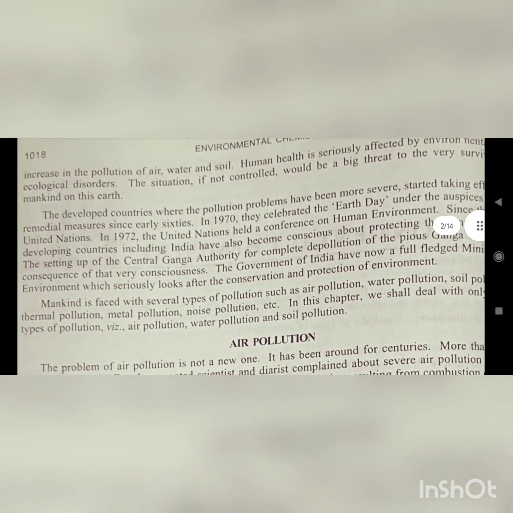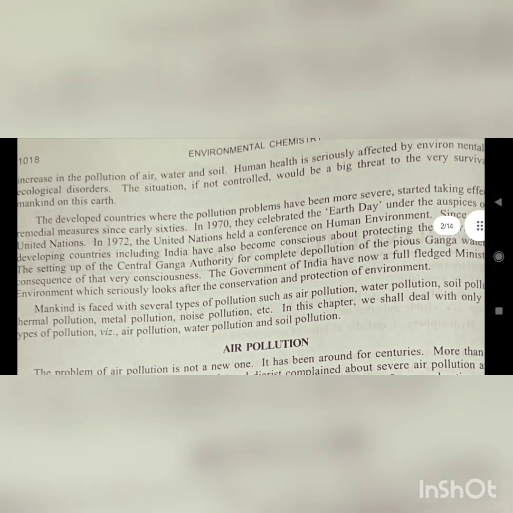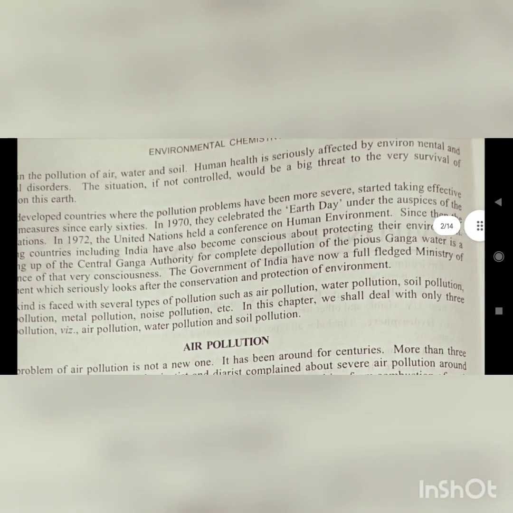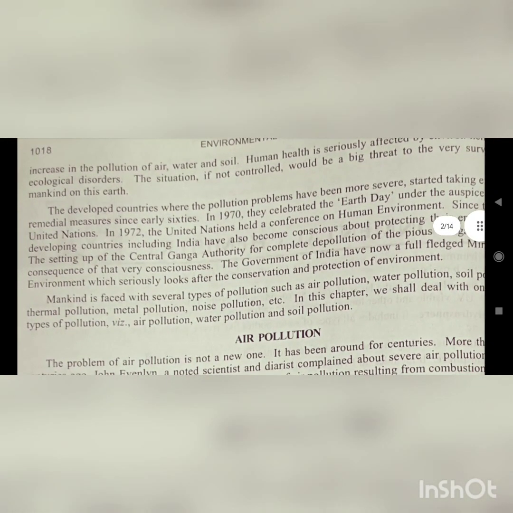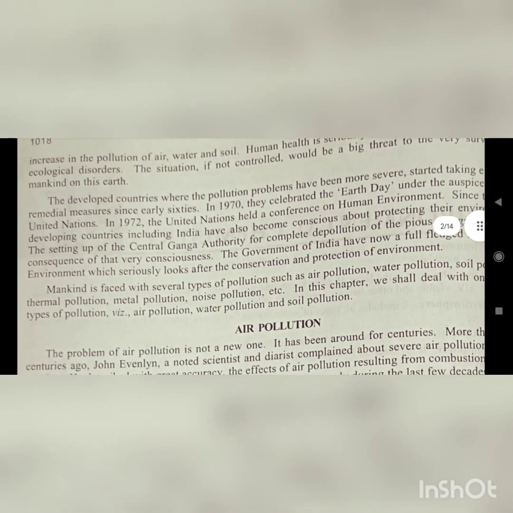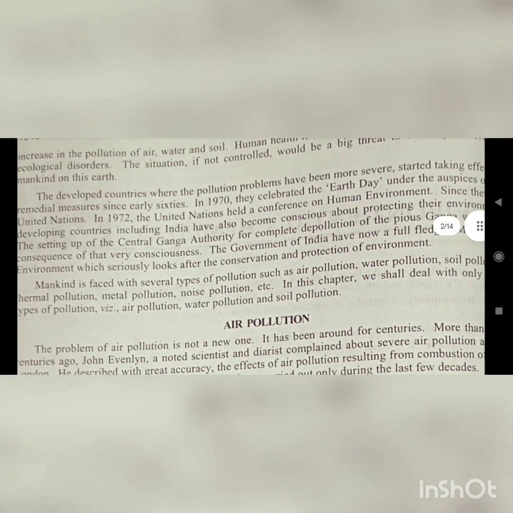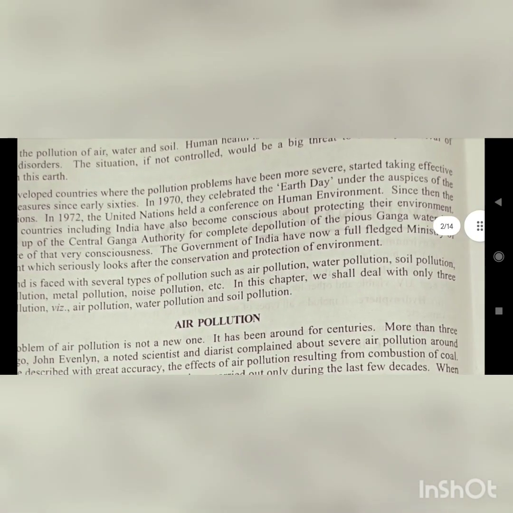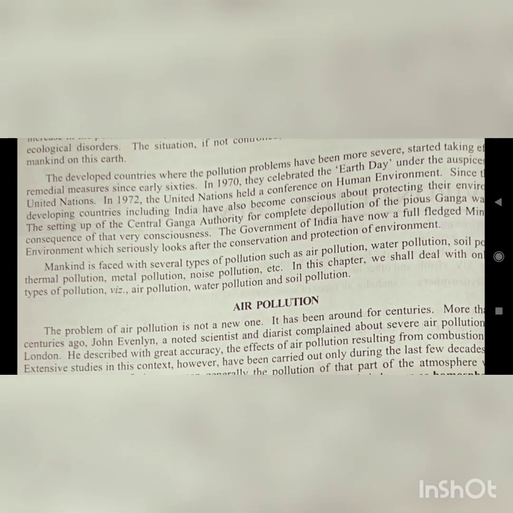The developed countries, where the population problem has been more severe, started taking effective remedial measures since the early 60s. In the 1970s, they celebrated Earth Day under the auspices of the United Nations. In 1972, the United Nations held a conference on human environment.